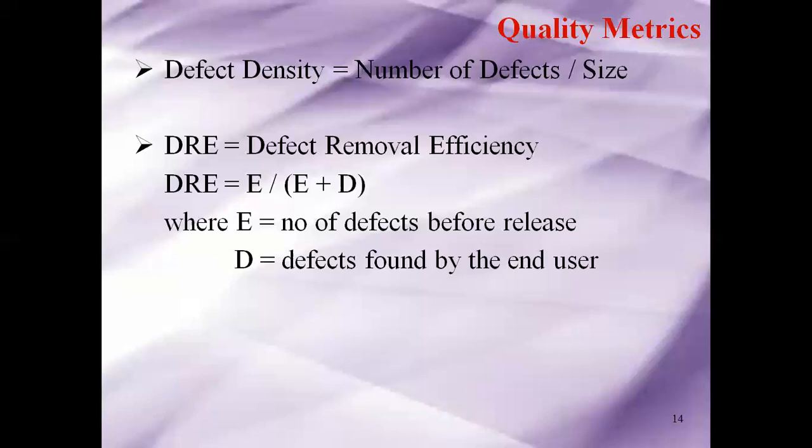The defect removal efficiency is calculated from the number of defects before release, E, and defects found by the end user, D. The number of defects before release is captured internally, usually in your peer review, SME review, or technical review.